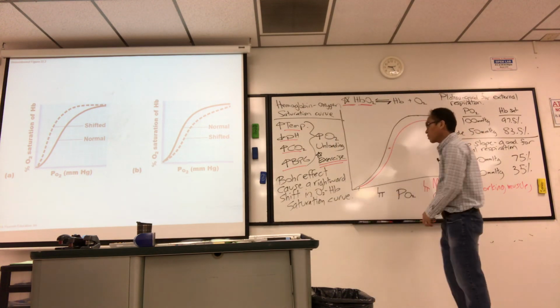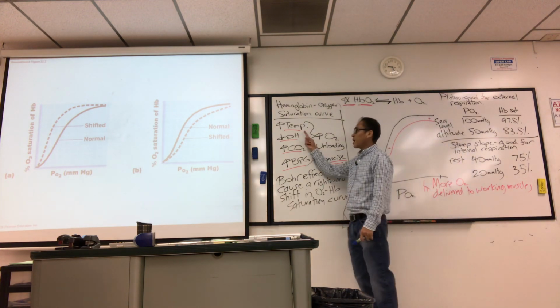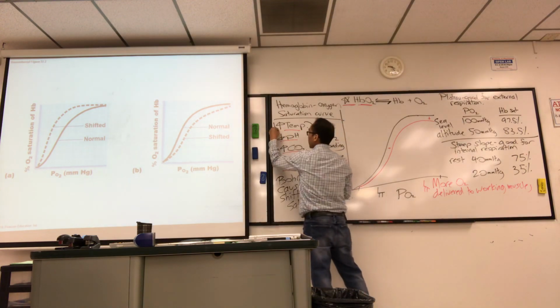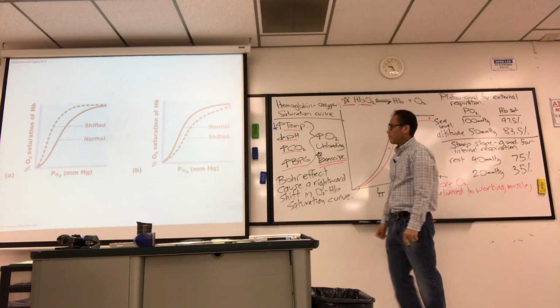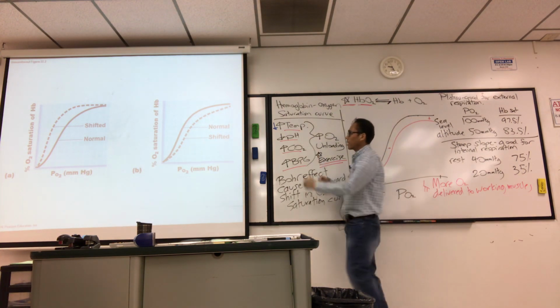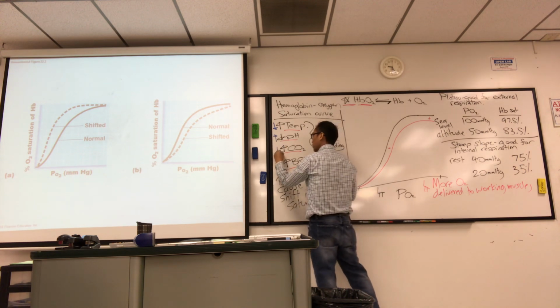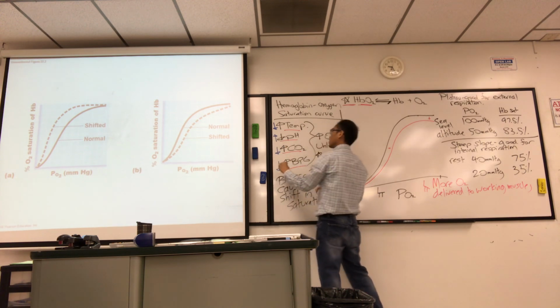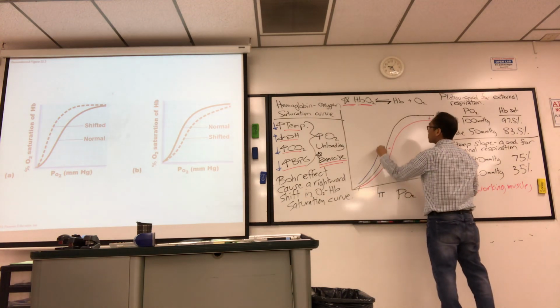You can predict: an increase in body temperature shifts it to the right, a decrease in body temperature shifts it to the left. If it's more acidic, it shifts to the right, more basic, it shifts to the left. So if you just reverse all the arrows, you shift the curve the other way, up and to the left.